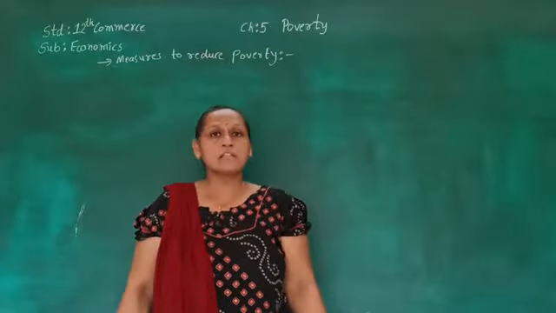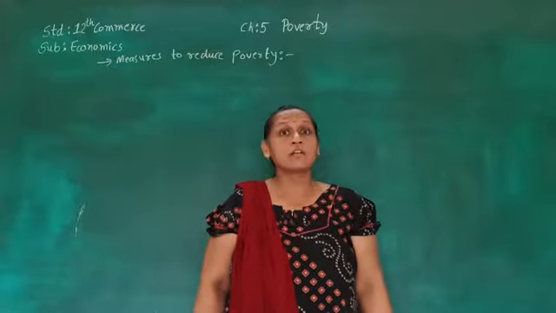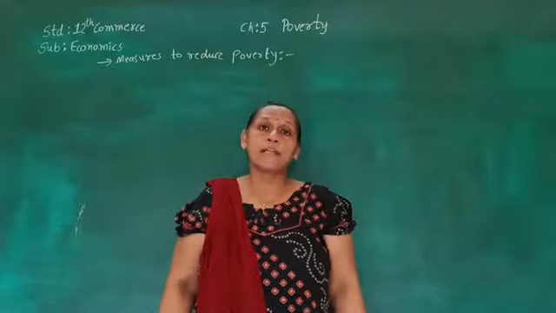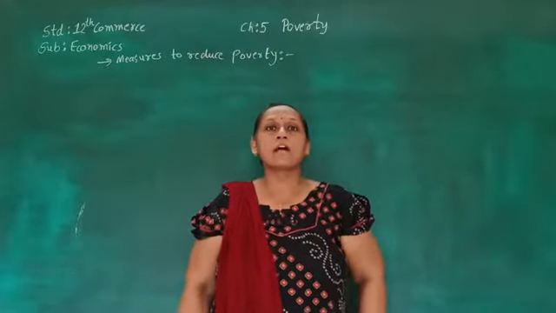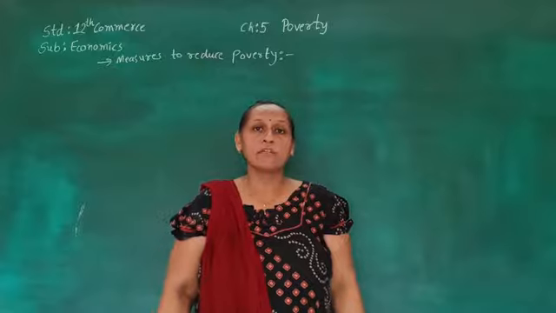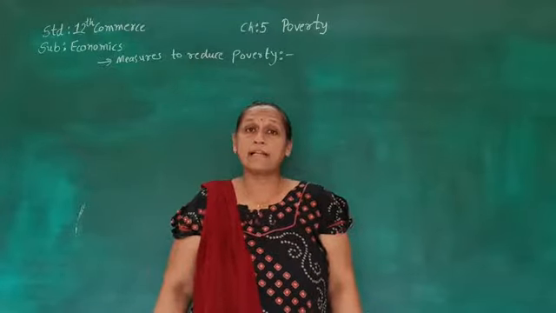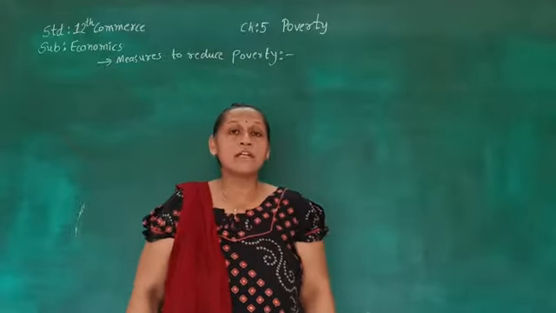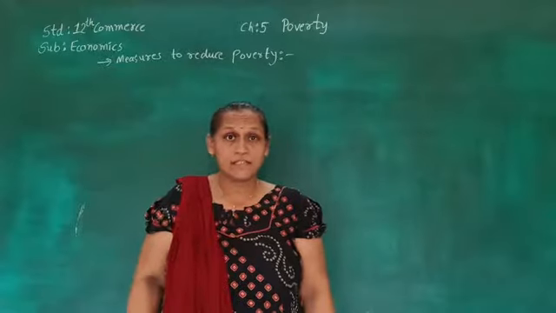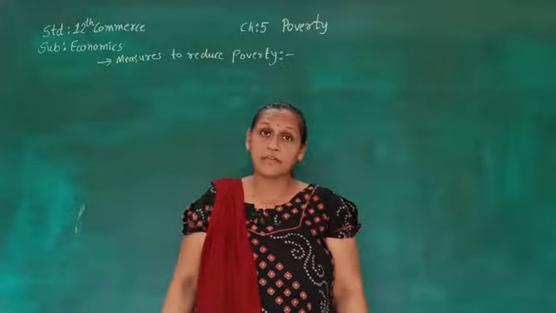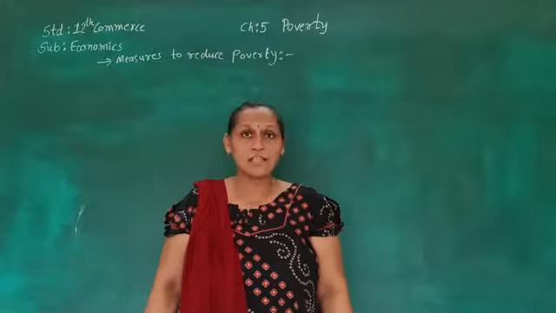Next measure to reduce poverty was housing scheme. Here in India, many people are living where there is no proper dwelling. Their houses do not even have basic facilities like drinking water, toilet, etc. So with the objective to give proper dwelling facility, in 1985-86 one scheme was started, that was Indira Awas Yojana.